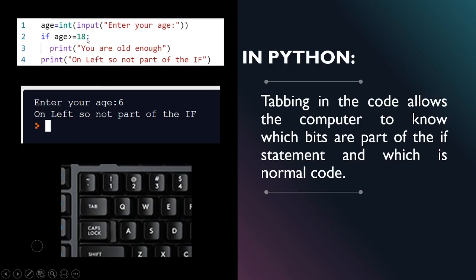You'll probably notice when you code it that it automatically tabs you in. But what I mean is there's a gap here, you see. So this line is part of this if statement after this colon, but this line will happen no matter what. Here I entered 6, so it didn't do this bit because 6 is not greater than or equal to 18, but it still did this.